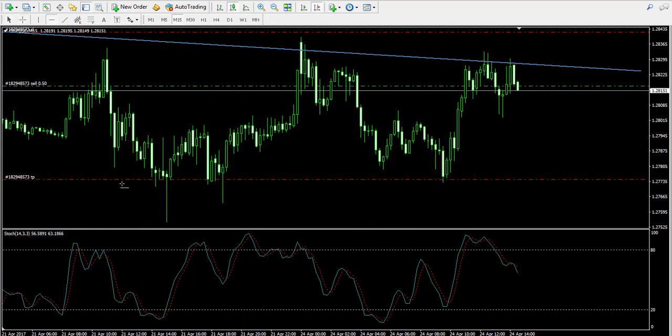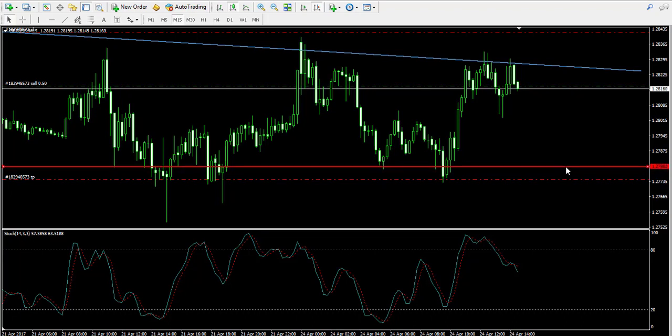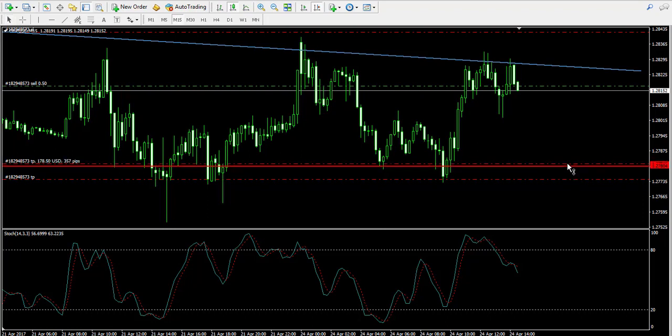Notice that we have some kind of support zone around 1.2780 maybe. It's some kind of a round number. As you know, I like putting meaning in my levels, so I'm going to use this level. Take profit order goes over here.